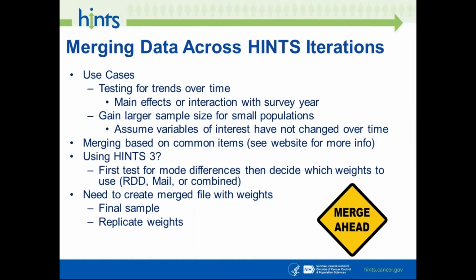Very importantly, if you do that, you're making an assumption that whatever variables of interest have really not changed over time, because otherwise you're introducing a problem there. If it's changing over time, you're going to be mixing together different estimates. So you are making an assumption that whatever outcome of interest hasn't changed over time. And of course, there are ways to test for that.